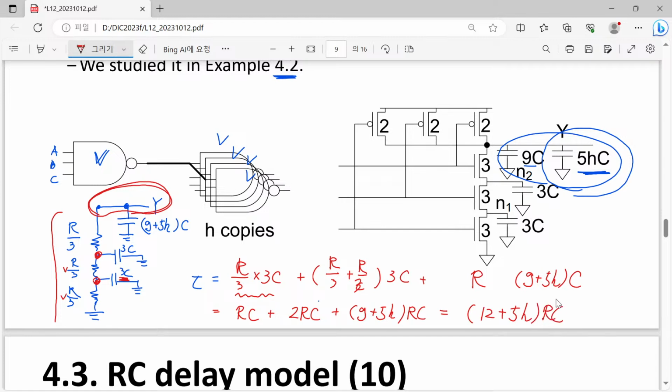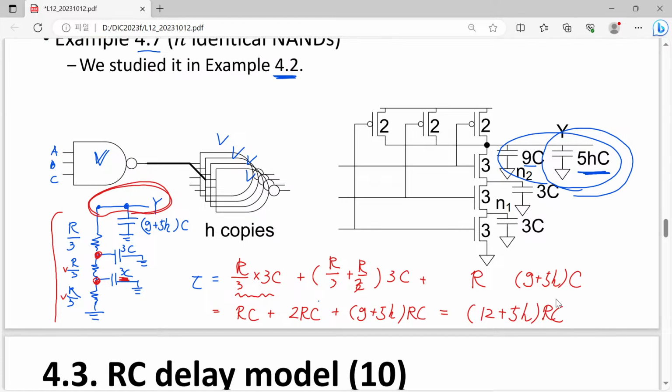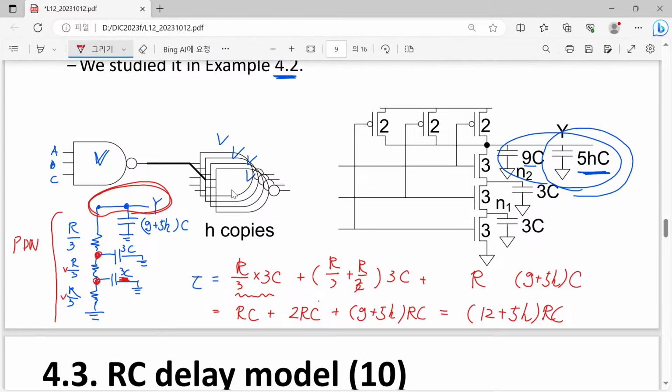That will be the expected propagation delay when we consider the output falling transition, because we are now talking about this pull down network. So this transition is related with the falling transition. Of course, there is no guarantee that this number also goes for the rising transition.